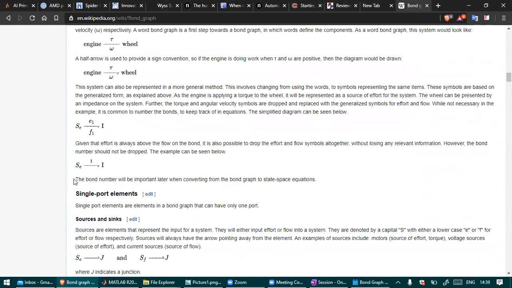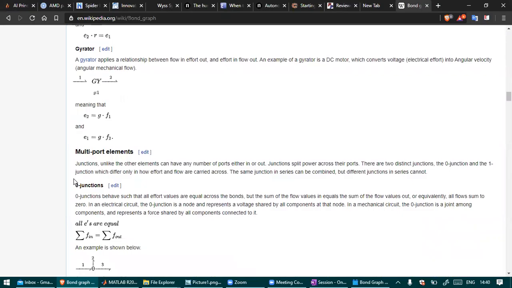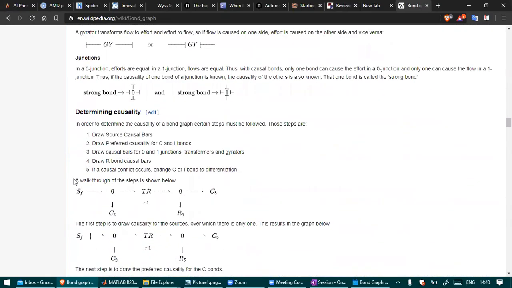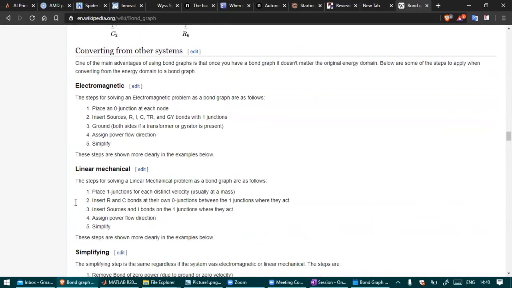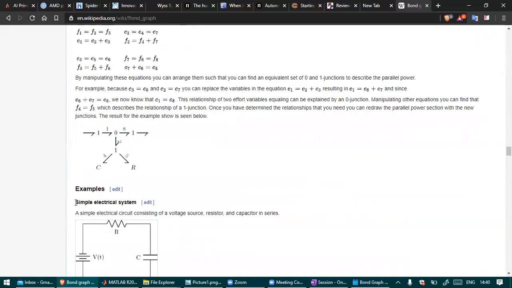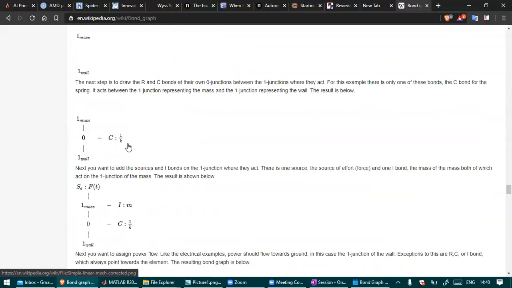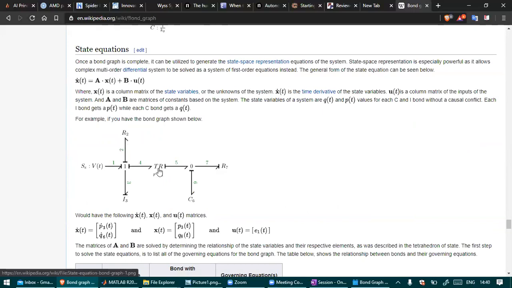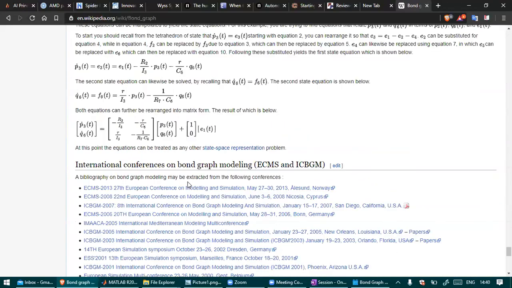It talks about the components completely, and transformers, gyrators, the junctions, and then determining the causalities, deriving the set of equations, and some examples. And here is deriving the state equation. We basically practiced all of it.